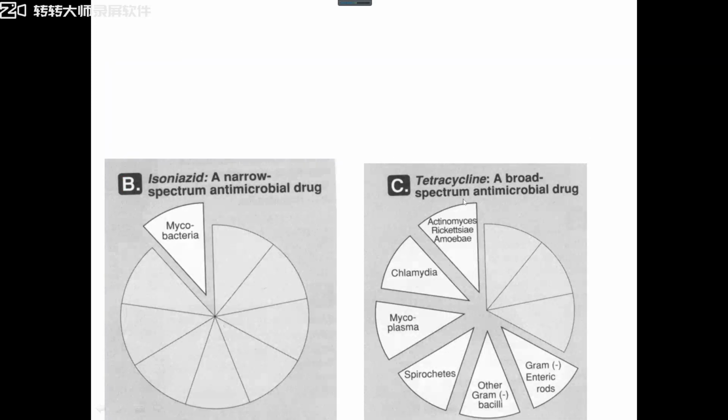Isoniazid is a drug that can only kill mycobacteria, so isoniazid is only used for treatment of tuberculosis. And isoniazid is a narrow spectrum antibacterial drug.